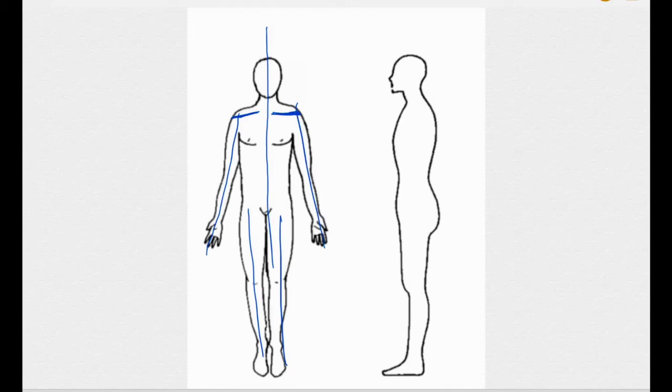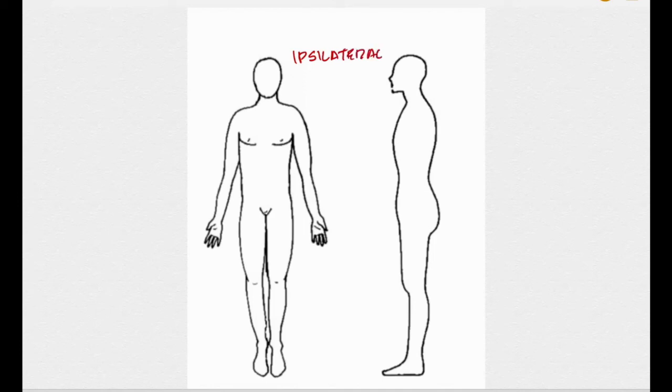Okay? Now, the last two terms that I'm going to go over are contralateral and ipsilateral. And they're kind of hard to write, so I'm going to write them down. Ipsilateral is one, and then contralateral.